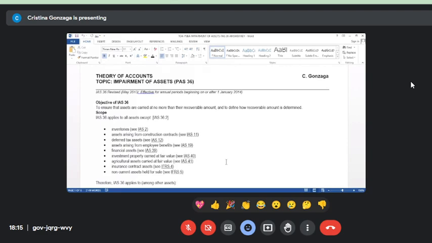When we say impairment, it may be a physical or an economic impairment. But more on the physical impairment, because of wear and tear, because of many factors, that may impair or may decrease the value of an asset.